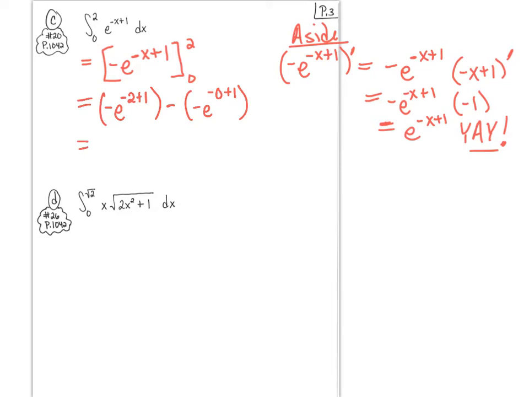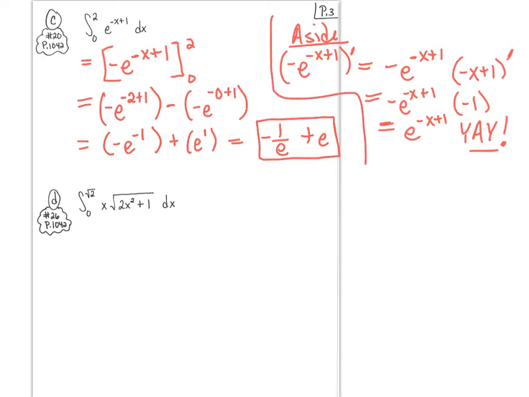Well, that's just equal to negative e to the negative 1 minus, well, technically we're subtracting a negative, so that's plus e to the 1. So we can rewrite our answer as negative 1 over e plus e. There you go. All right, awesome. So let me just draw a line here to separate that.